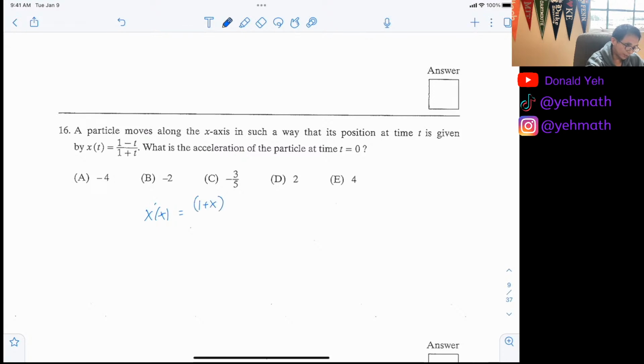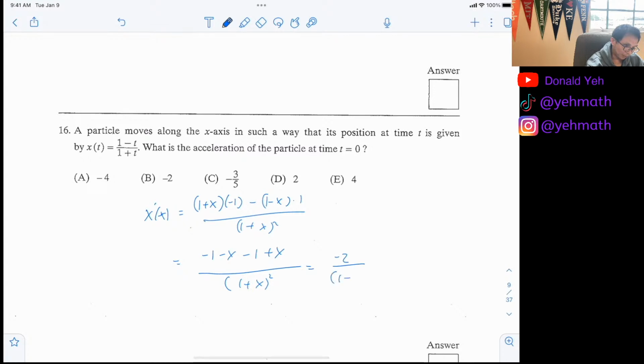Quotient rule: low d-high minus high d-low over low squared. So it'll be negative 1 minus x minus 1 plus x over 1 plus x squared, which is equal to negative 2 over 1 plus x squared.